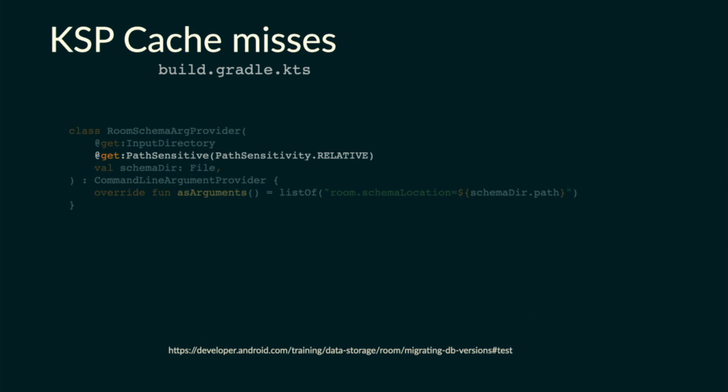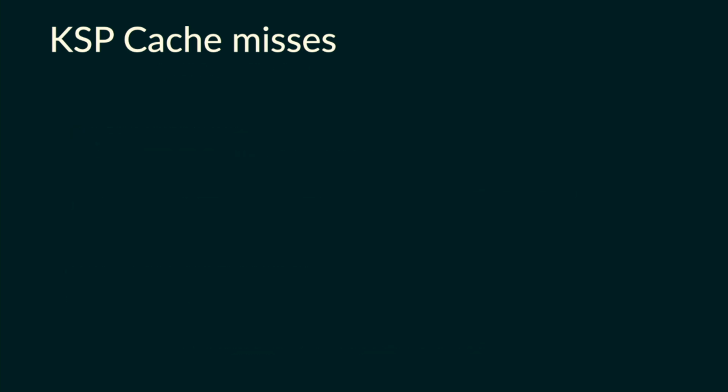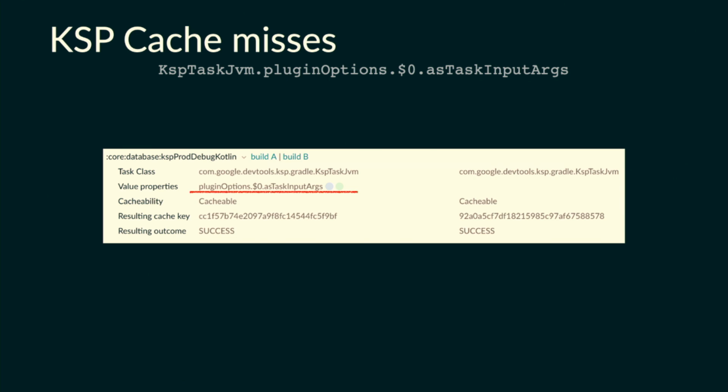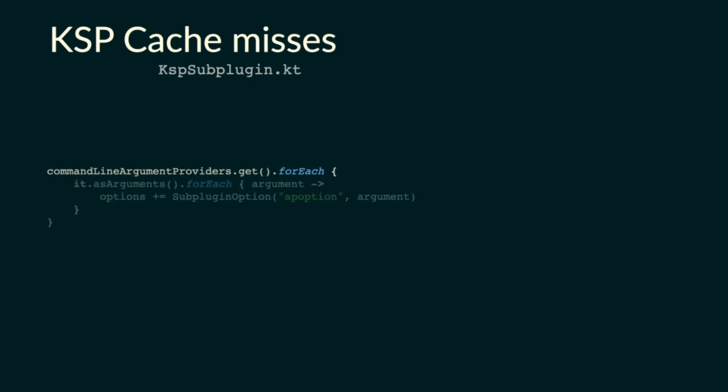So we didn't understand what was going on, right? And at the end of the day, we went a little bit deeper, and we saw that Google was doing the work well because they were defining an argument provider, and there was something that we were missing. So we picked the code again, the command line argument provider, and we moved to the KSP code.